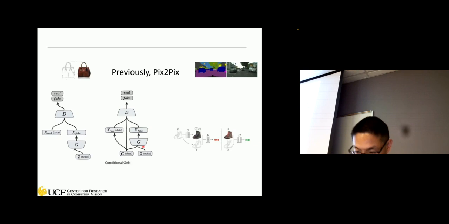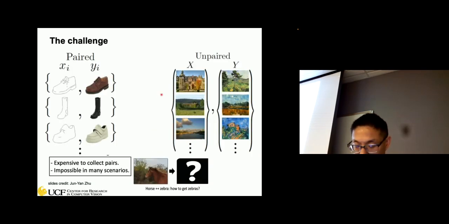So the problem statement is that the conditional GAN doing this kind of image translation requires paired images. So you may have a sketch like this and the corresponding ground truth real image. So you have this pair of images, a semantic map and also the ground truth image. But in other cases, you may not be able to construct a paired training set.